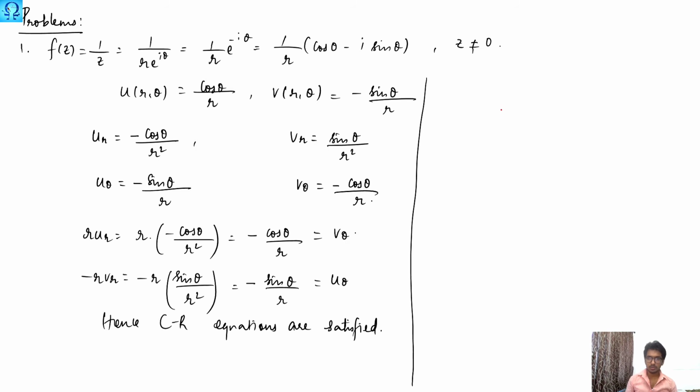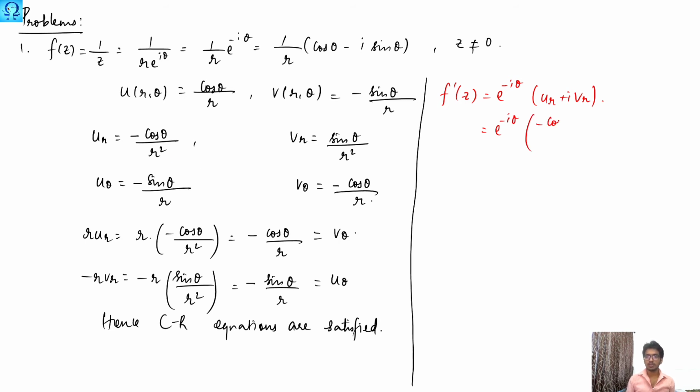So your f prime of z may be written in the form e to the power minus iota times theta multiplied with u_r plus iota times v_r. So to e to the power minus iota theta, what was your u_r?